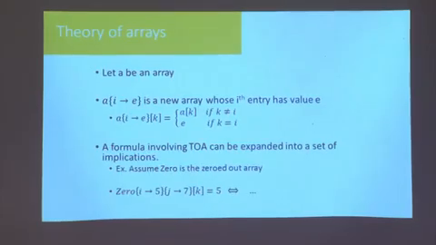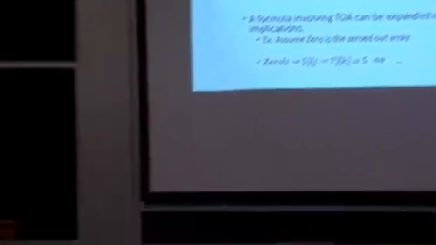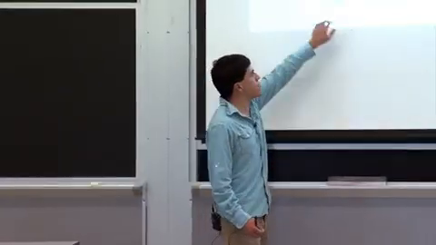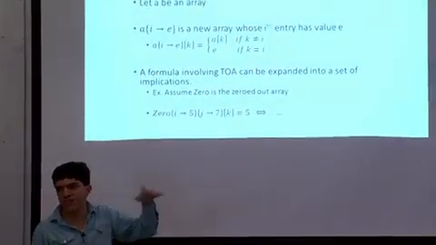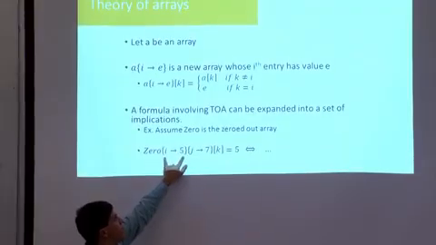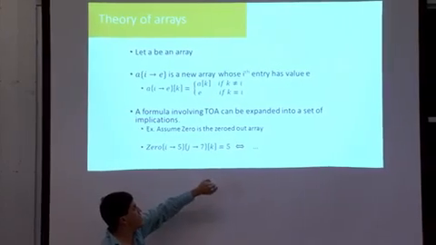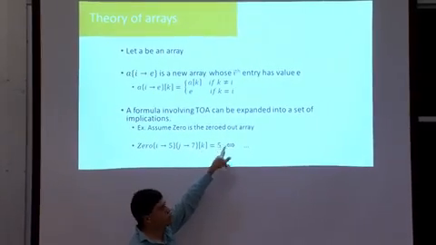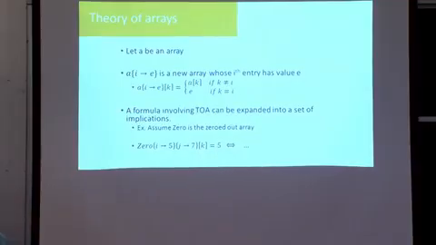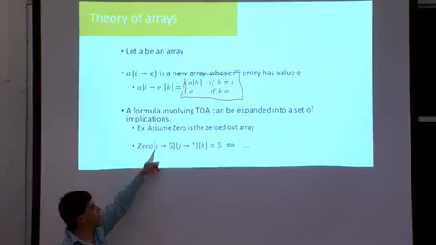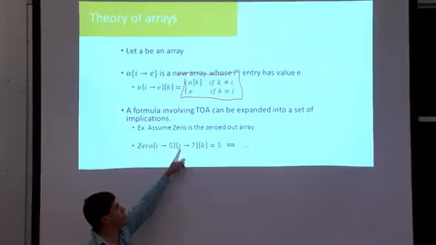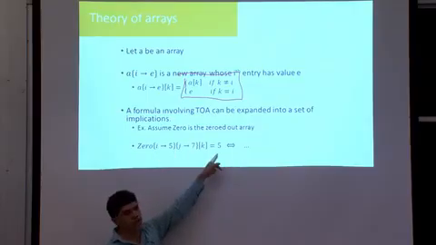And the nice thing about this is that if you have a formula that involves the theory of arrays, for example, I started with the 0 array, that is just zeros everywhere, and then I wrote 5 into location I, and 7 into location j, and then I'm reading from k, and then I'm checking whether that's equal to 5 or not, then that can be expanded by using this definition to something that says, if k is equal to I and k is different from j, then yes, this is going to be equal to 5.